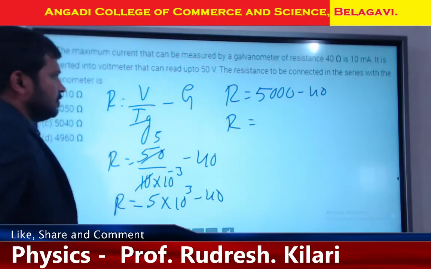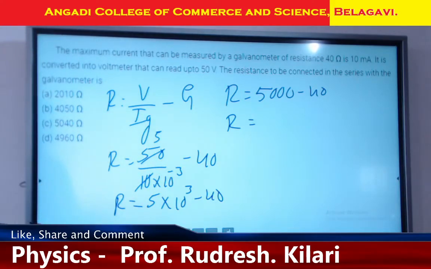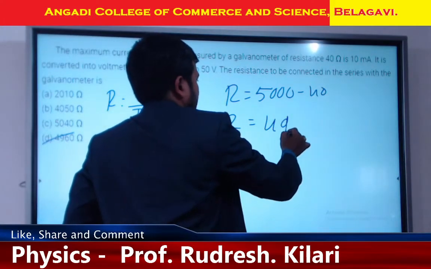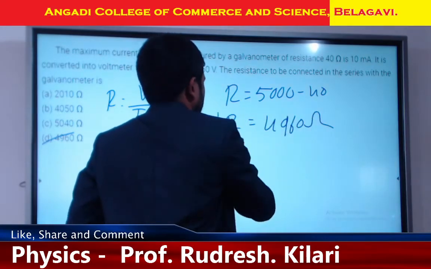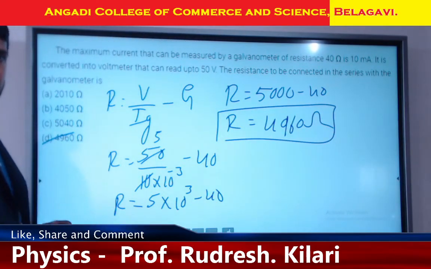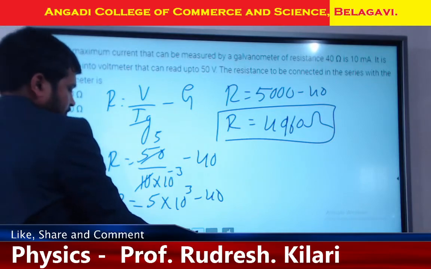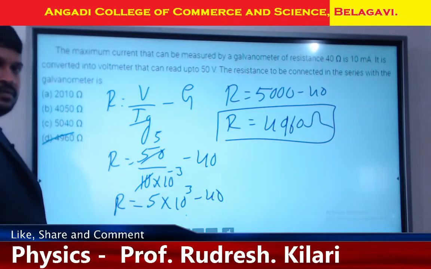What value do we get? Subtract. That is 4960 ohm. 4960 ohm. Okay, students? Okay, now write this one.